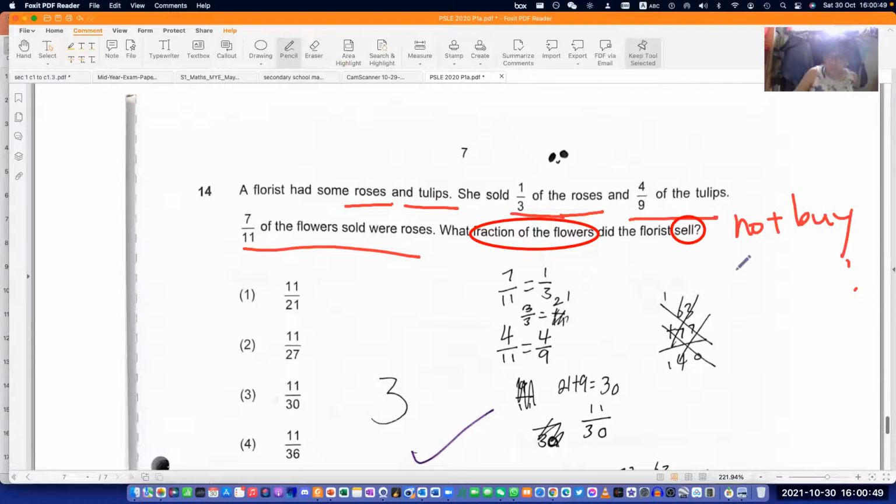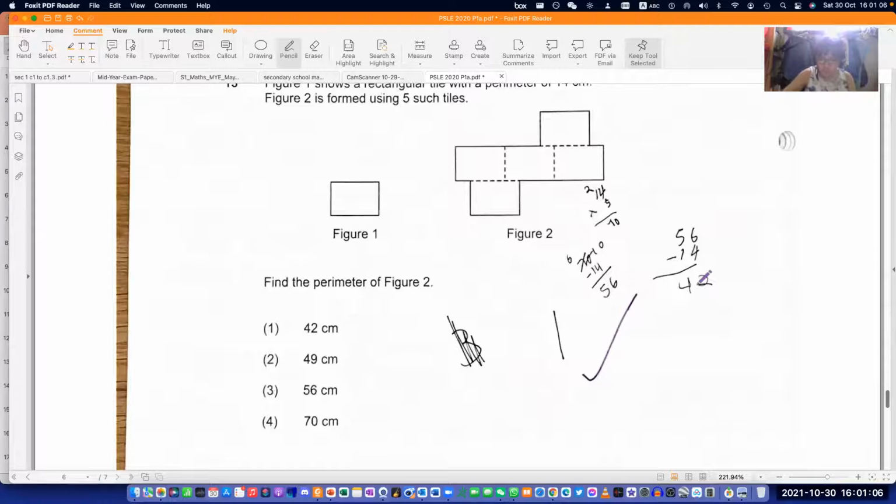Not left. Left means remaining. Understand? So this is the way you can actually help yourself. You need to find the fraction that sold. Another example. So next time you can use a highlighter, or you can also use a pen to circle the keyword.